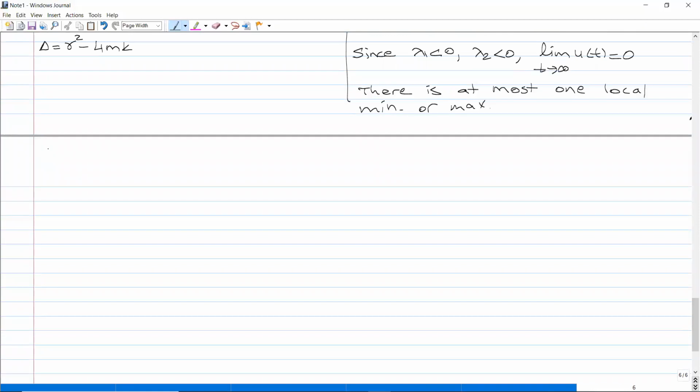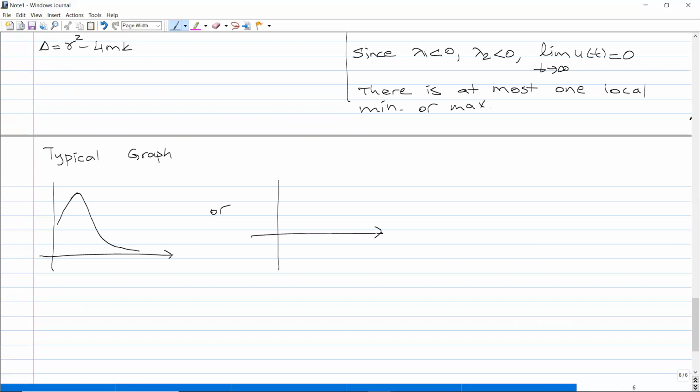So a typical graph, there may be some motion in one direction, say there is upward motion, but it's going to reach its maximum and then it's going to approach 0. Or it may be minimum, of course, depending on the constants, C1 and C2, and they depend on the initial position and initial velocity.